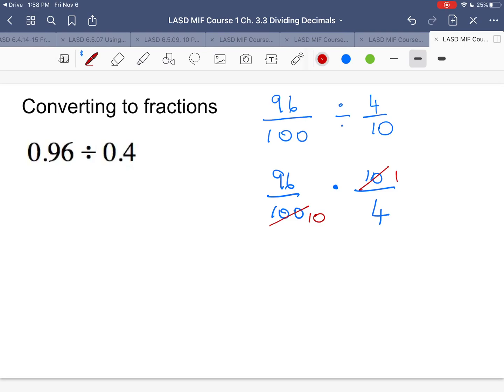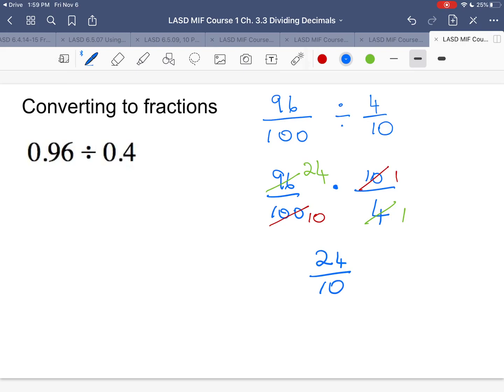I can further divide by dividing 96 and 4 by 4, because that's the greatest common factor of both of those. So 4 divided by 4 is 1, and 96 divided by 4 is 24. So after all that cross-cancelling, I am now left with 24 tenths.